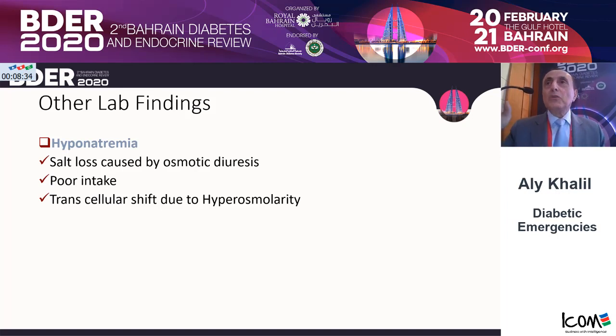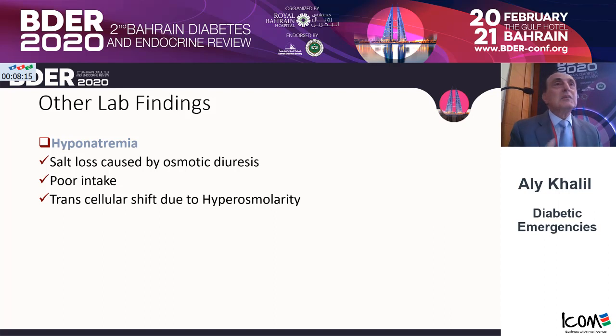Hyponatremia. You should expect some drop in sodium for different reasons. One is the expected salt loss that goes with the glucose in the urine. When the urine is excreted by the kidneys, it takes away salt with it; that's the exchange mechanism at the level of the kidneys.